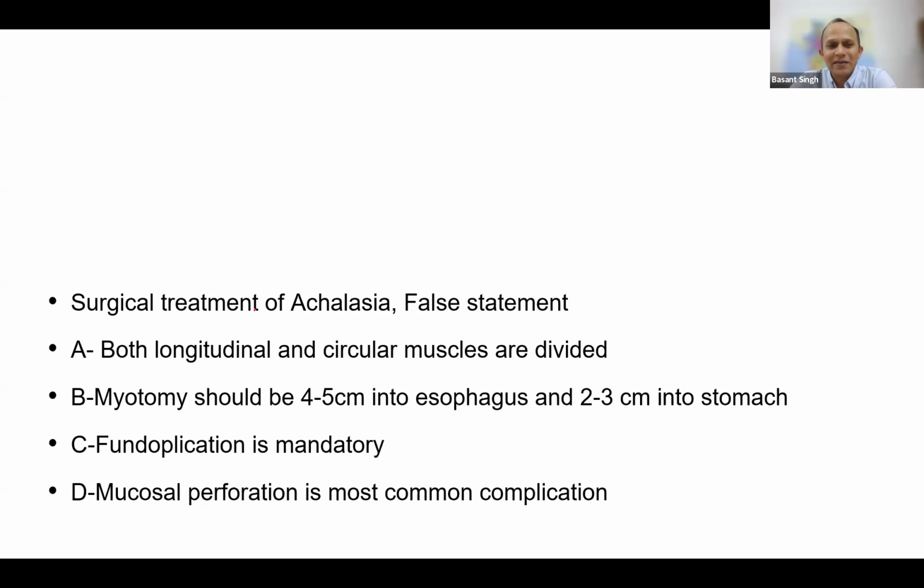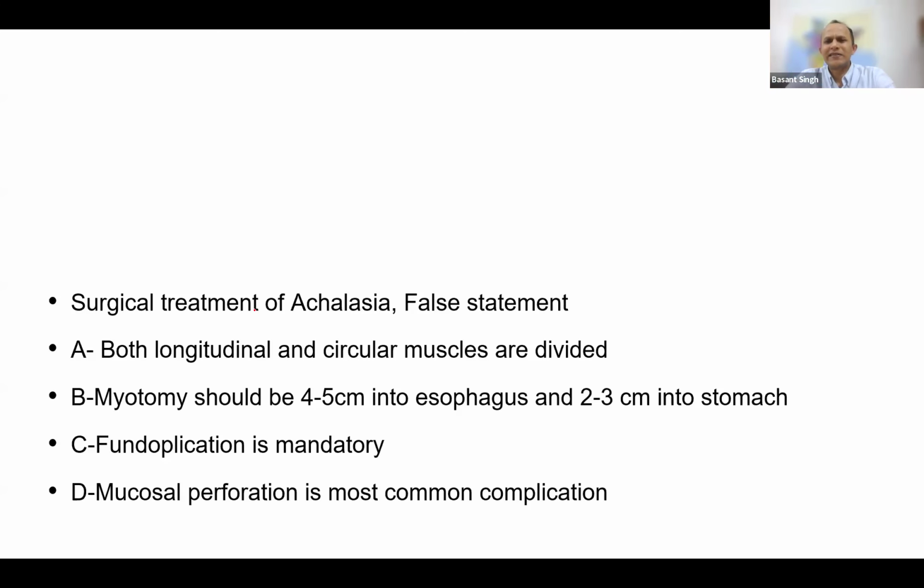So why do we do fundoplication in Heller's myotomy? If you read your new book, they have clearly mentioned that mucosal perforation is the most common intraoperative complication. Pneumothorax you may have, but that is not very common. What is more common is mucosal perforation. What is the myotomy length they are suggesting in the new Sabiston?